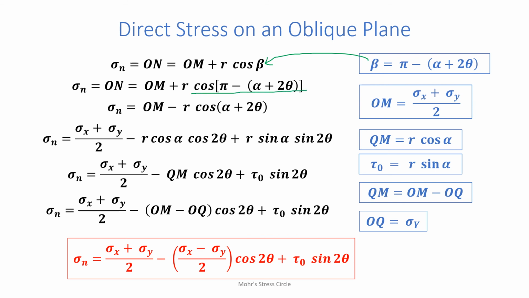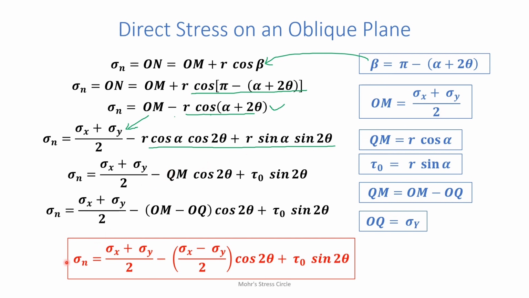Now R cos of pi minus alpha plus 2 theta is negative, so this relation becomes OM minus R cos alpha. We open this up and substitute the value of OM, so this becomes minus R cos alpha cos 2 theta plus R sin alpha sin 2 theta. The value of OM is sigma x plus sigma y by 2.